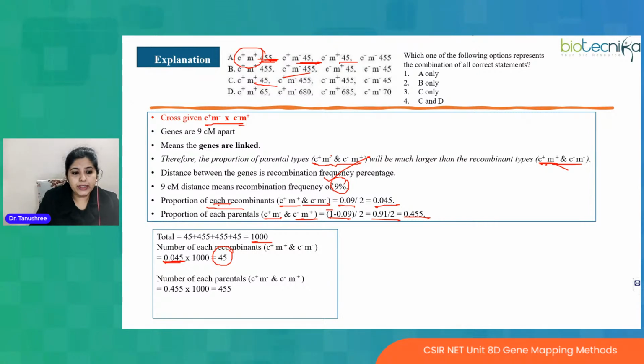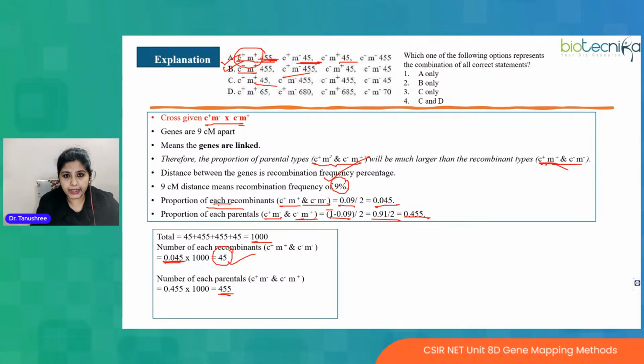Now we know C plus M plus is recombinant, not parental. So it should be how much? 45. Because parental should be 455. Now in A and B, you can see that the recombinants are given as 455. So this is incorrect, right?